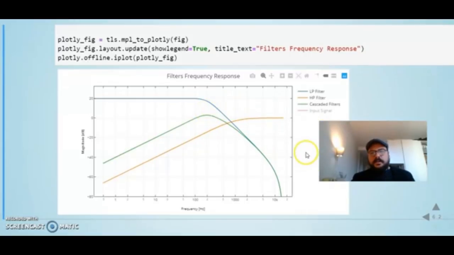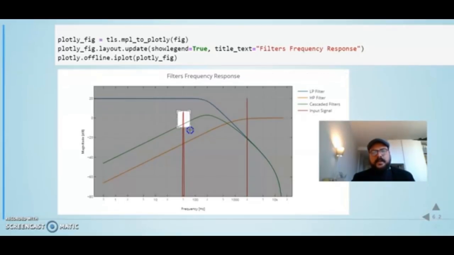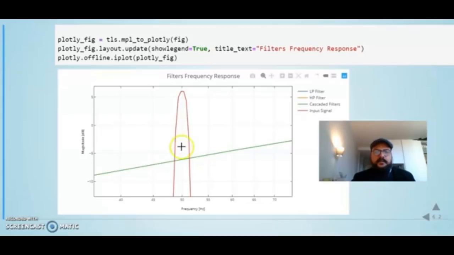When we look at our input signals, we will see we have here 6 dB, but our filter will attenuate at 200 Hz.